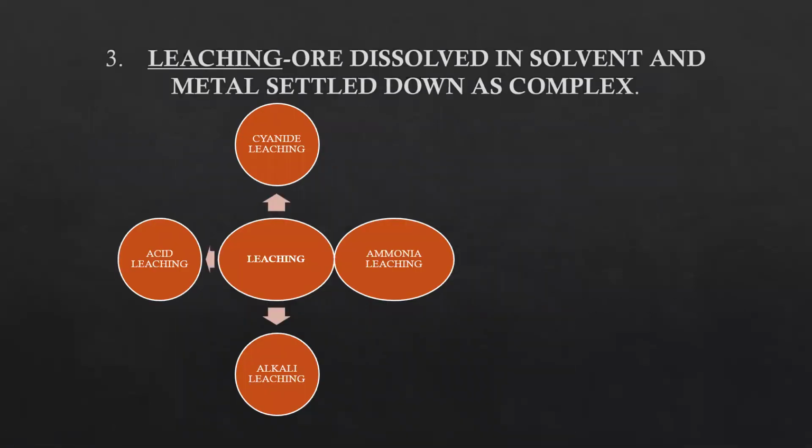Next method is leaching. So in this method, ore first we are going to dissolve in that suitable solvent. So and metal settles down as the complex here. So in this method, four methods are there: acid leaching, cyanide leaching, ammonia leaching, and the alkali leaching.